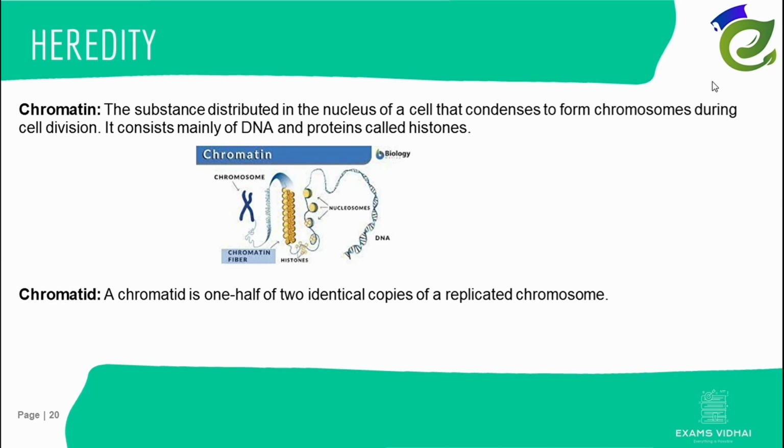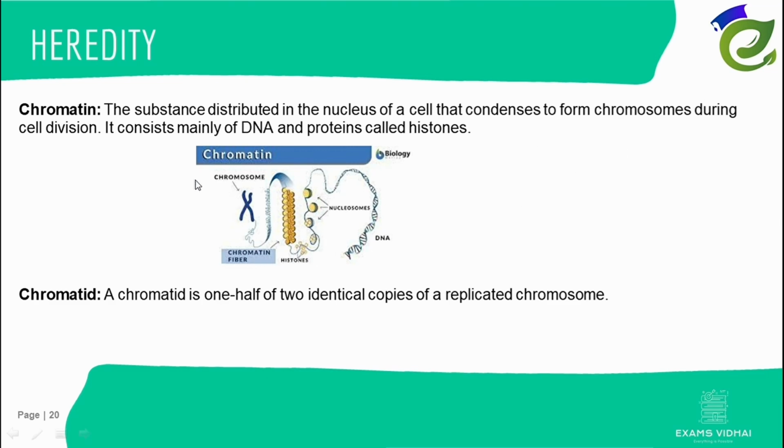Okay, now look at this diagram to understand more about this. So take this chromosome. If you check it carefully, you'll have these small thread-like structures. All this condenses to form this chromosome. These are called chromatin fibers. What does it consist of? Histones and DNA.